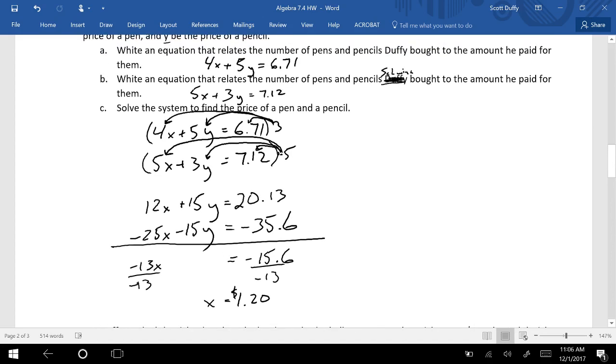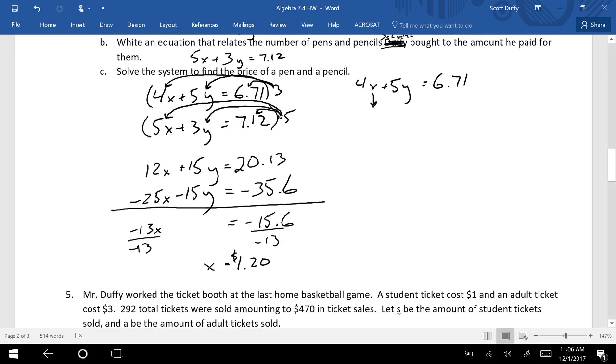Now what I have to do is plug this in for one of the original equations. I'm going to plug it in for my equation, which was 4x plus 5y equals 6.71. And so that's going to be 4 times 1.2, plus 5y equals 6.71. 4 times 1.2 is 4.8 plus 5y equals 6.71.